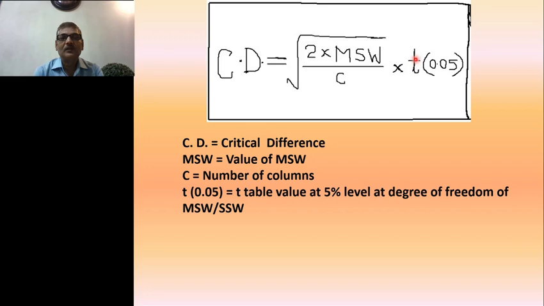T is a value taken from the T table, and that value will be taken from that table which shows at 5% level, and the degree of freedom will be the degree of freedom of SSW, or you can say MSW.